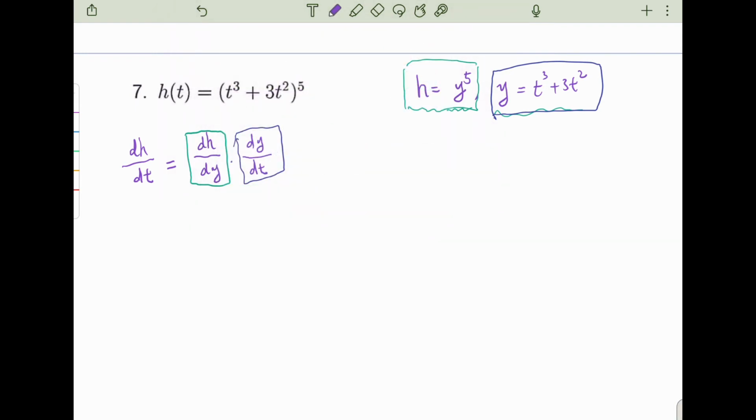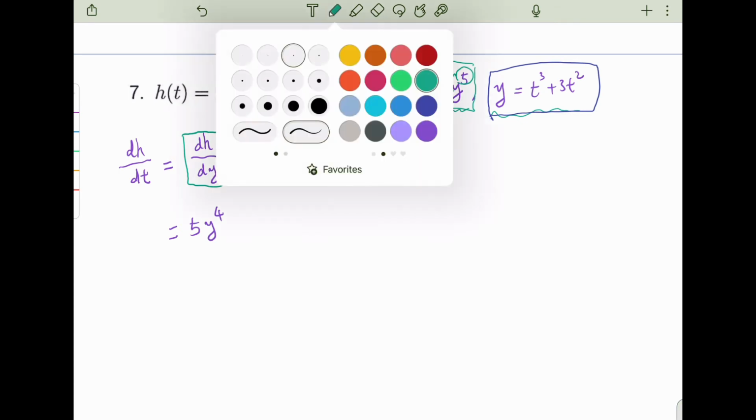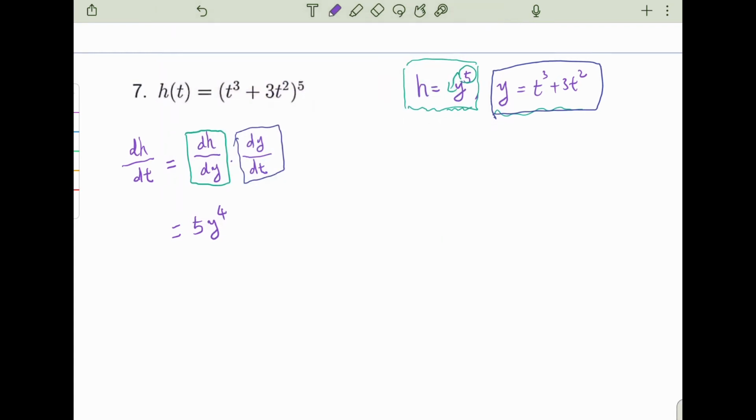This green box, dh/dy, is 5y to the 4. We just pull this power down here, with respect to y, so it's written in terms of y. And the next one, dy/dt, we just apply the power rule again and the sum rule, so it becomes 3t squared plus 6t.